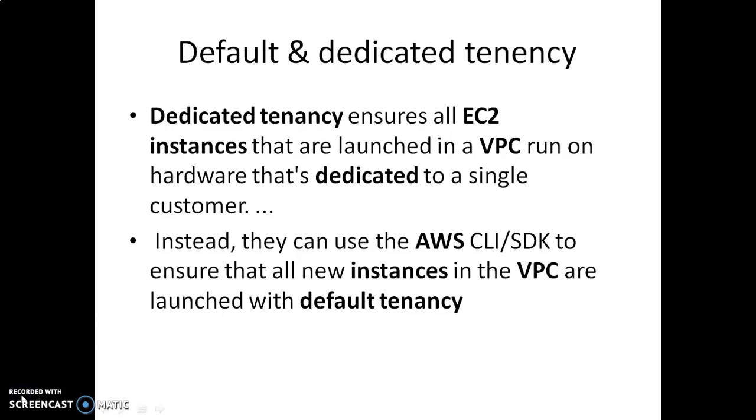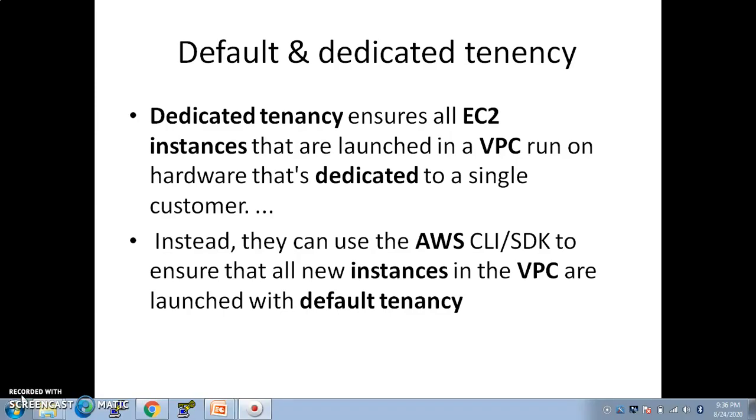So default and dedicated tenancy. Dedicated tenancy ensures all EC2 instances that are launched in a VPC run on hardware that's dedicated to a single customer or a single client. Instead, they can use the AWS CLI/SDK, that is command line interface/software development kit, to ensure that all new instances in the VPC are launched with default tenancy.